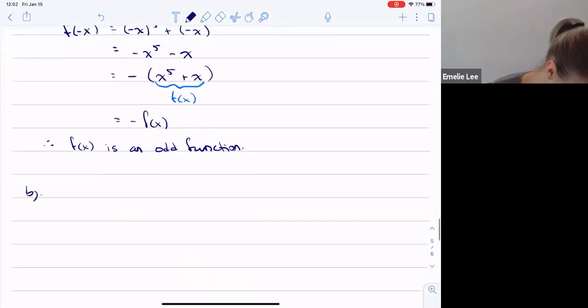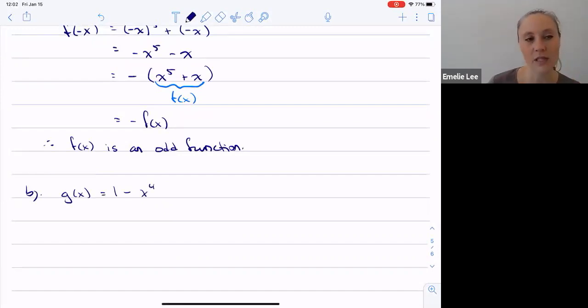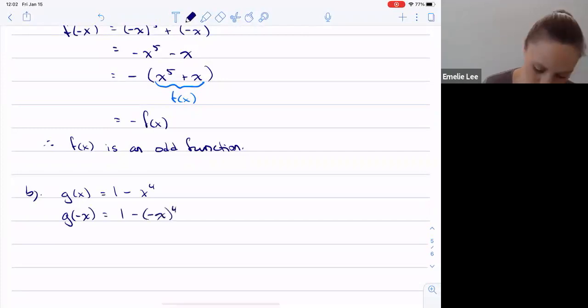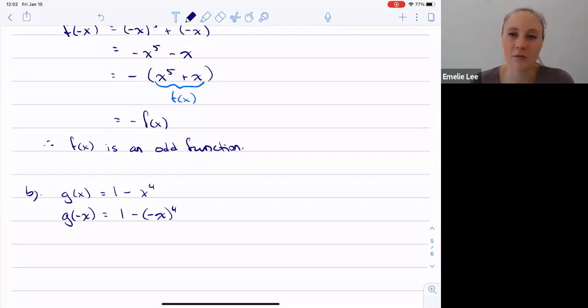So for part b, g of x is 1 minus x to the 4th. What I'm going to do is take g of negative x and see what comes out. G of negative x is 1 minus negative x to the 4th. Negative x to the 4th, because I'm taking an even power, it's just going to drop the negative, right?